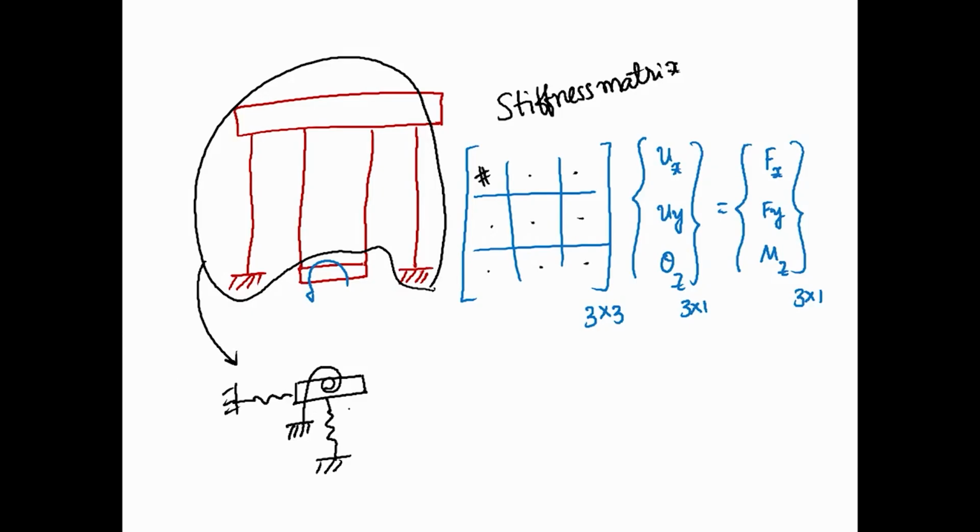But this is not complete because we do not talk about this cross element, right, that is not here. So, having this kxx, if I call it kyy, that is this going to be kxx, this is going to be kyy, and this will be k theta theta, right, this torsion spring constant. That is not enough. There are these 3 more things also we need to get.